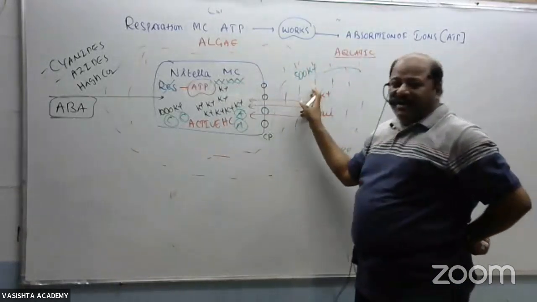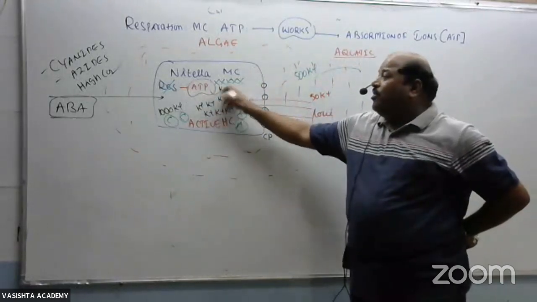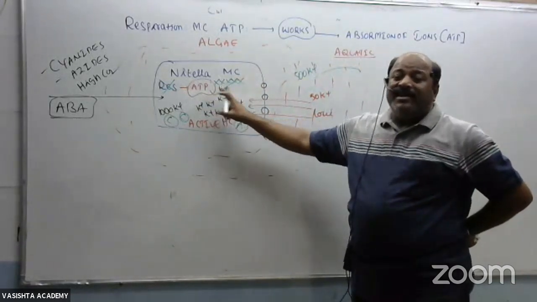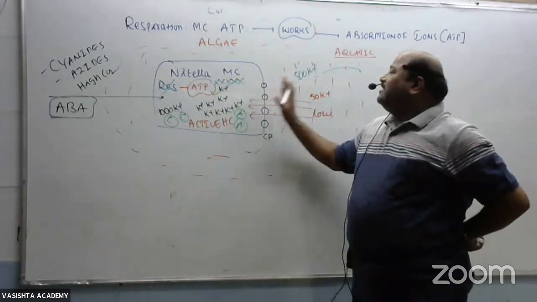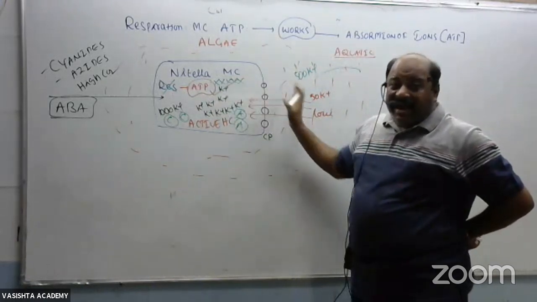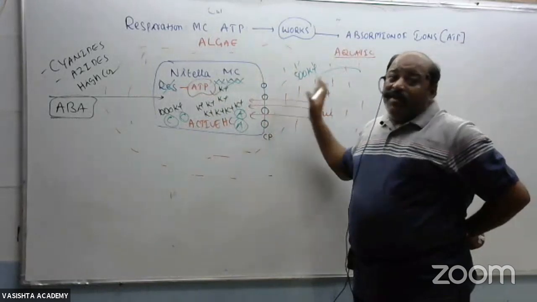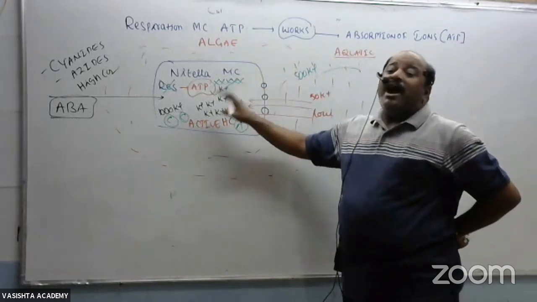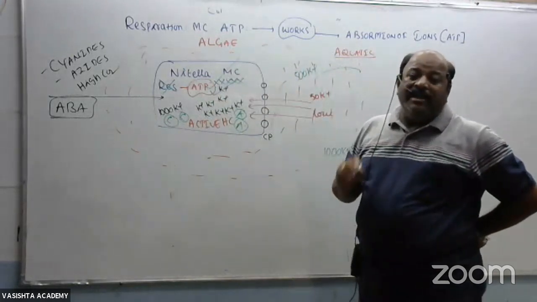On this third condition, does it absorb? No. Why? Because inside you do not have ATP molecules. Hence the absorption of these ions actively is carried out by those carrier proteins from low concentration to high concentration by utilizing ATP molecules.